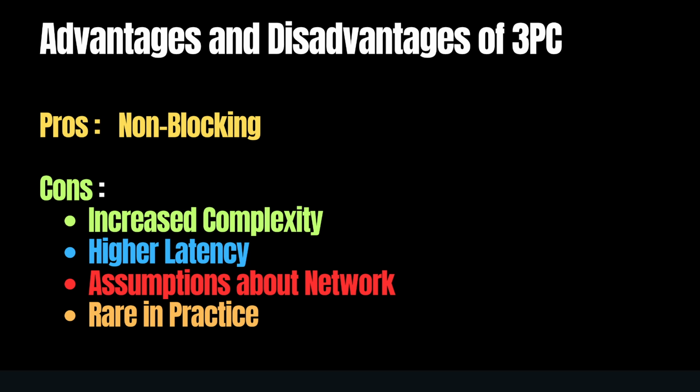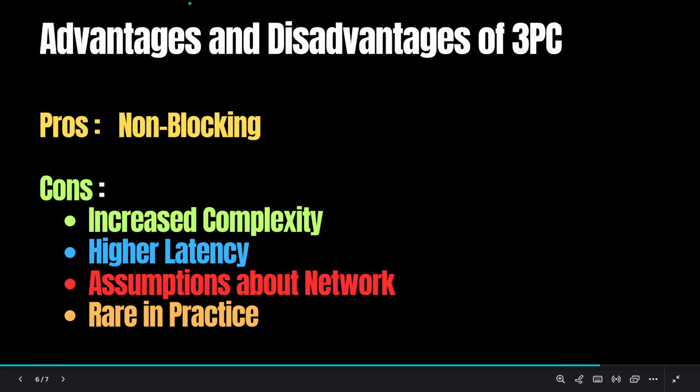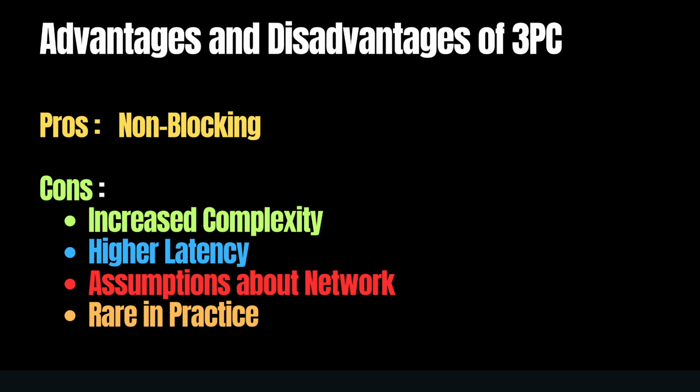Network partitions are where nodes are completely isolated. If a network partition occurs, 3PC can still lead to inconsistencies. Basically, it doesn't solve partitions. Lastly, it is rare in practice. Due to its added complexity, increased latency, and the fact that it doesn't solve inconsistencies under network partitions, 3PC is rarely used in real-world distributed systems compared to 2PC or the Saga pattern.